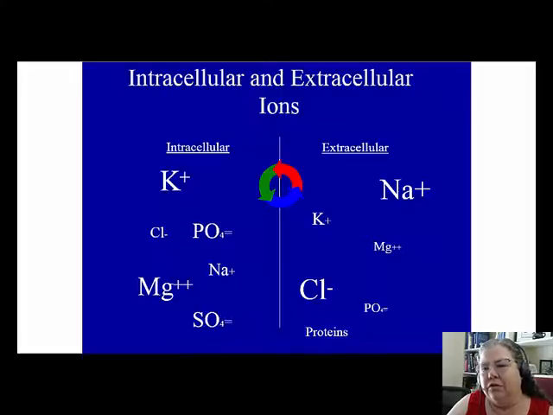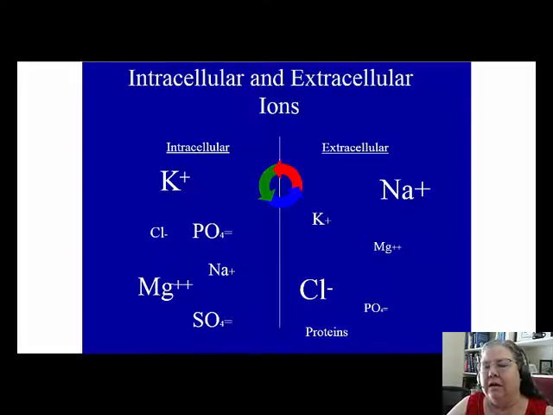And these include things like sodium chloride or just salt, along with potassium salts, magnesium salts, calcium salts, which are not on this slide. And those salts can be chlorides, phosphates, sulfates.